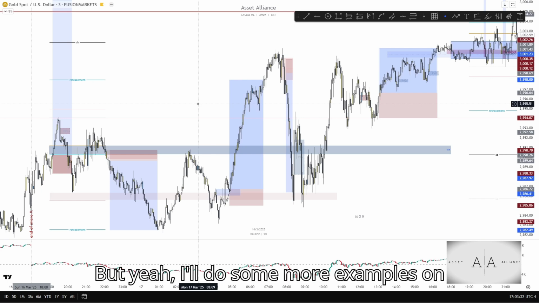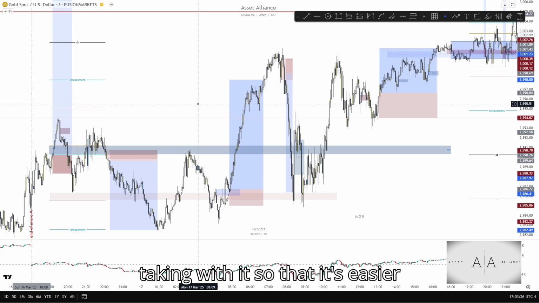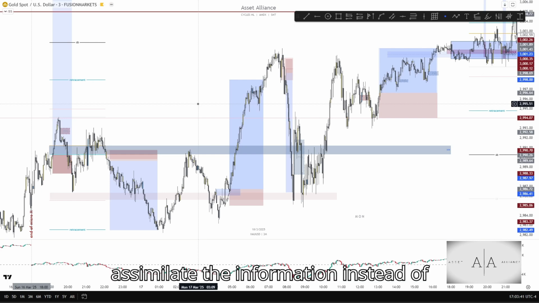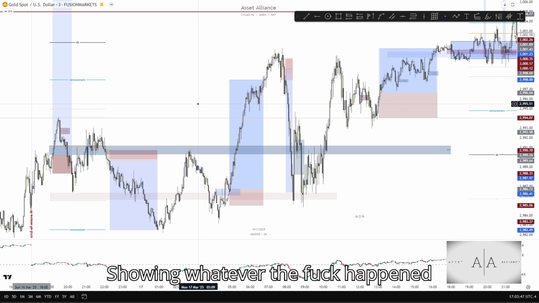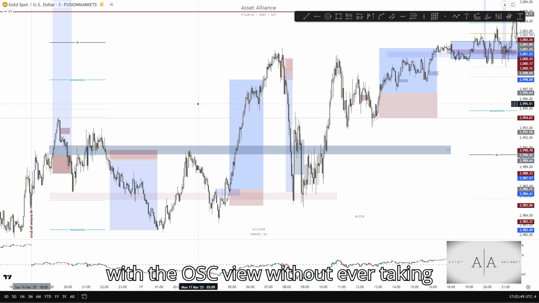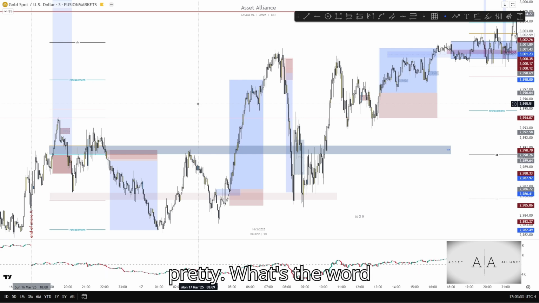But yeah, I'll do some more examples on OSTDV in the future with the trades I'm taking with it, so that it's easier visually for you all to assimilate the information instead of just me showing whatever happened with the OSTDV without ever taking it into execution, you know.